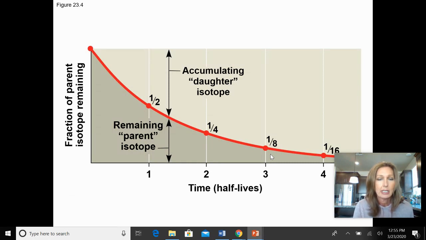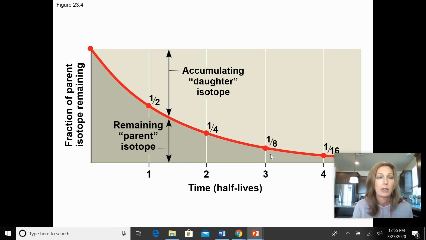When that nucleus breaks down, through alpha or beta radiation being released, the atom will change identity, because the identity of an atom is based on its number of protons. So we can look at how much is the new amount versus how much is the old amount by calculating the half-lives.